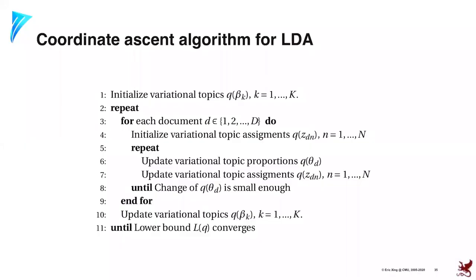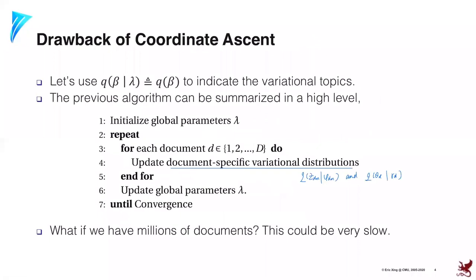Then actually we can summarize this coordinate ascent method at a very high level, as shown in this slide. Essentially, there are two types of parameters to update. One is the local variables, which are parameters for the documents, and one is the global parameters.